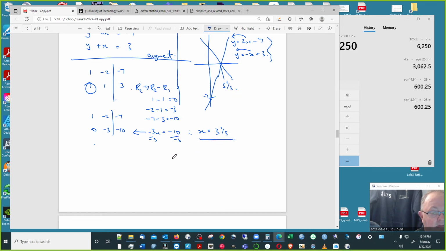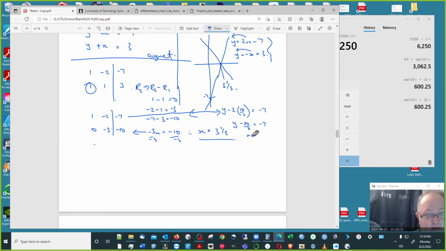I can then substitute that back in and say y minus 2 lots of 10 on 3 is equal to minus 7. Rebuilding that again from the first line, we'd get minus 20 on 3 equals minus 7.